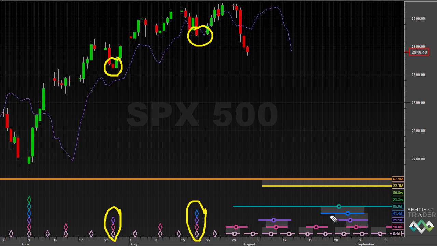But nevertheless, it opens our eyes to the fact that the nest of lows for the 80-day cycle trough is a good week later. Here you can see the nest of lows, and that tells us to expect the 80-day cycle trough to occur in the week of the 26th of August. So in other words, the last week of August. So we're looking at another 3 weeks that are likely to unfold before that 80-day cycle trough occurs.